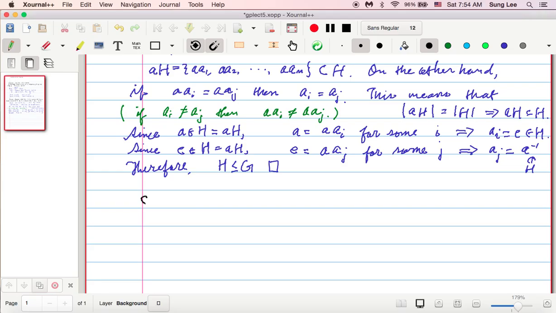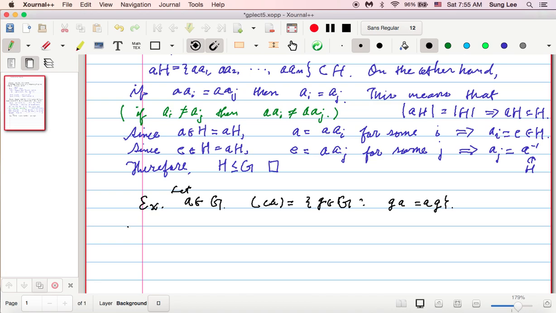Okay, so the example, right? A is an element of G. C of A is defined to be the set of all elements in G such that G commutes with A, so GA equals AG.